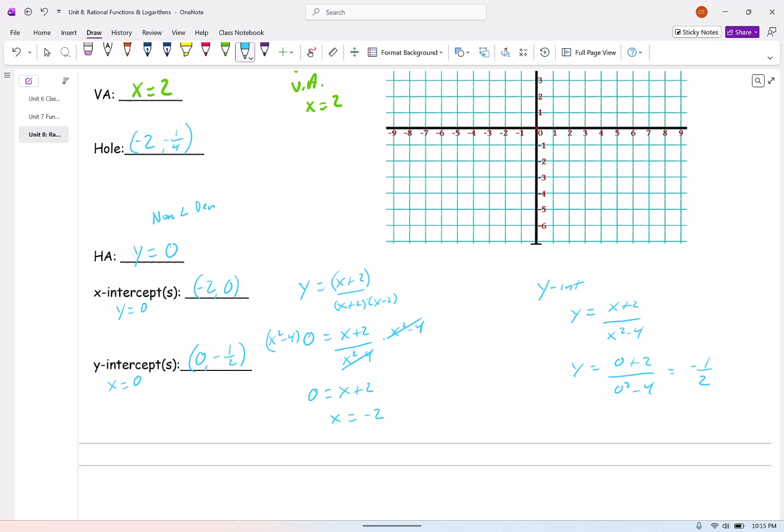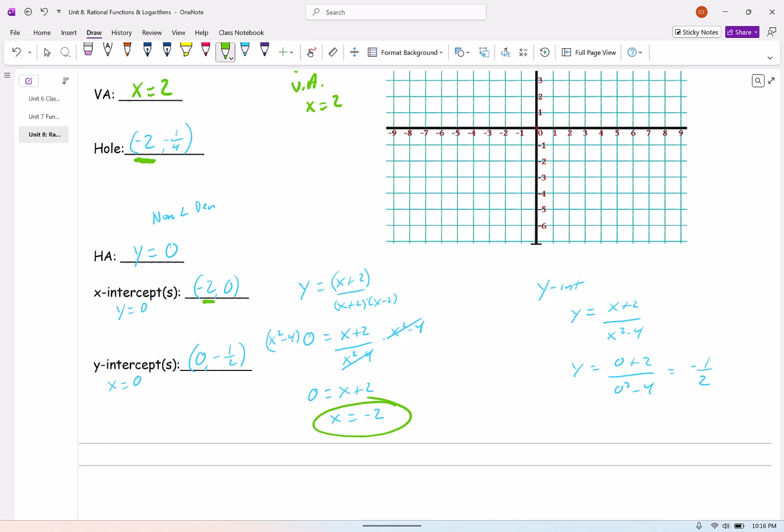And so let's take a look here. This is kind of a unique scenario. I just found that I got a -2 as my x value, and so I put that right here. Now, the interesting thing is that I just figured out that there's going to be a hole at -2 and -1/4.